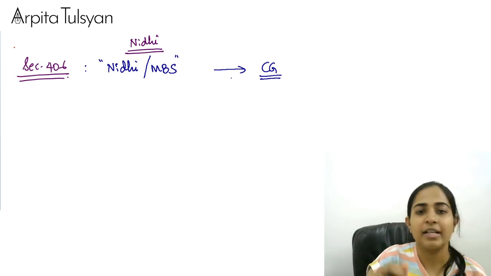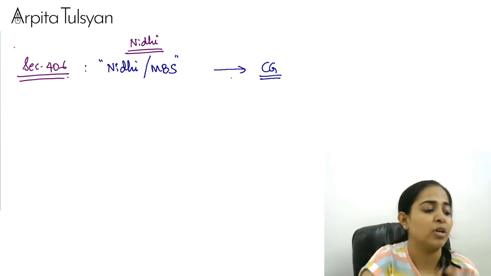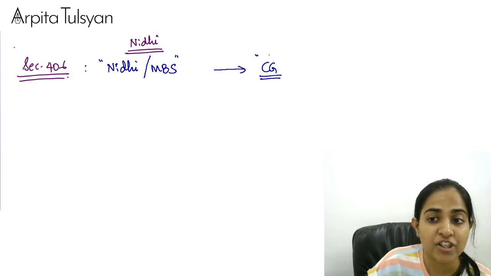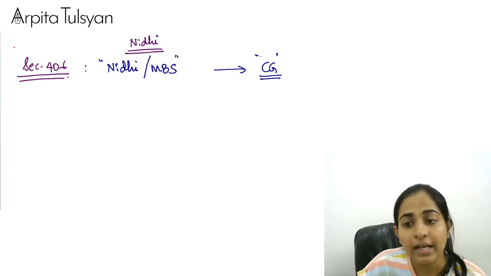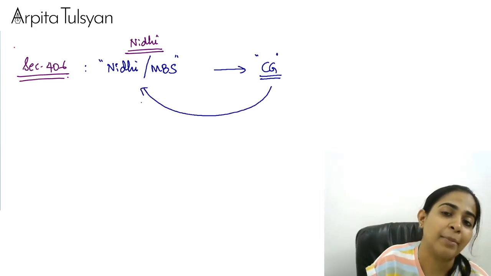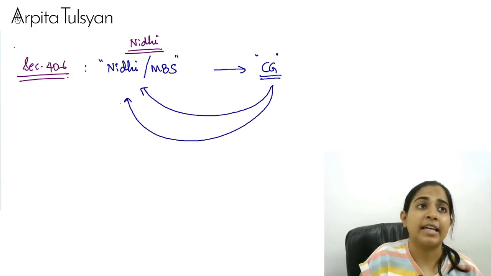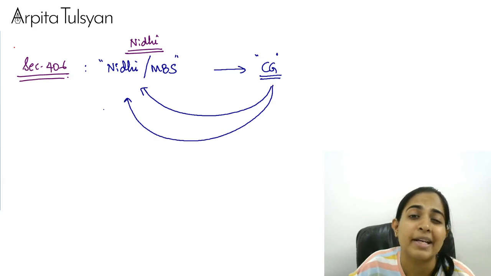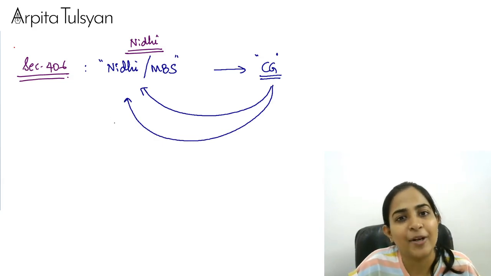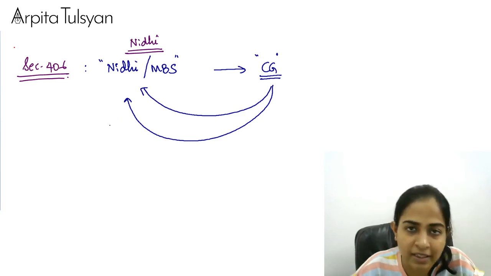So the central government is going to notify that so and so company will be called a Nidhi company, and so and so company will be called a mutual benefit society. Plus the central government can also say which sections or which rules will be applicable to the Nidhi company, which won't apply, and which sections will apply with some exceptions, modifications, etc. So whatever applicability is going to come for this Nidhi company or mutual benefit society, everything will be proposed by the central government.